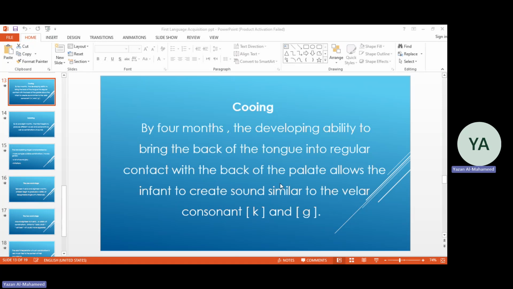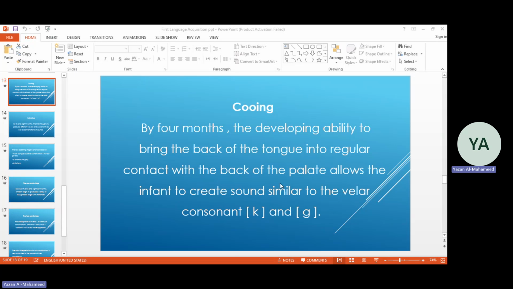The last stage of acquisition is the acquisition of morphology, where children acquire the inflectional system of their first language or their second language.